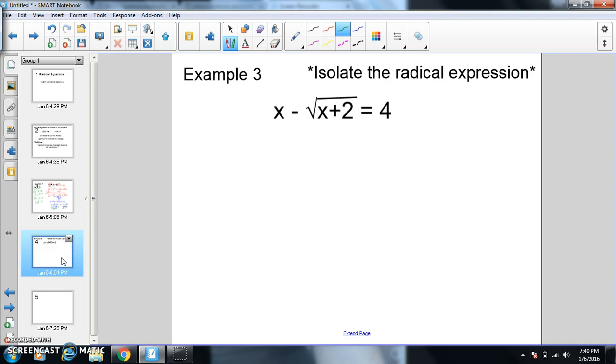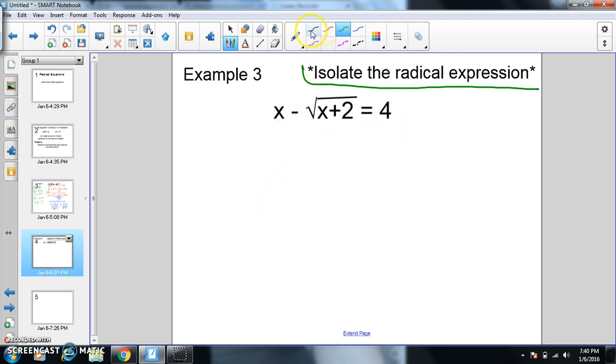Now one more example. We have x minus the square root of x plus 2 is equal to 4. So I first, like my reminder is telling me up here, need to isolate my radical expression first. So I'm going to move the square root of x plus 2 to the right side of the equation, and I'm going to move the 4 to the left side of the equation.